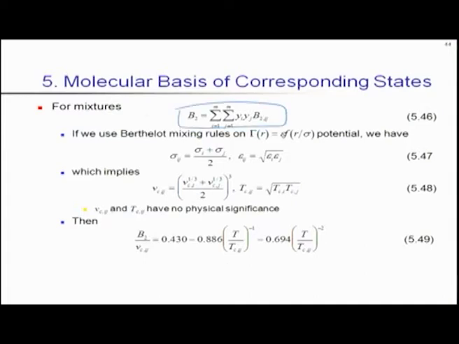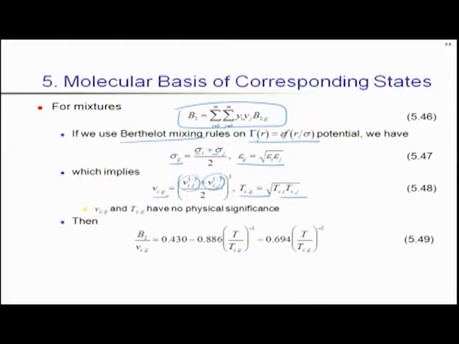Now given that the potential model is this, for which this is applicable, the average distance sigma ij is considered as the arithmetic mean of the individual sigmas. Epsilon ij is considered as a geometric mean, that is due to the Berthelot mixing rule. Now this implies that I can consider Vc ij as simply this, because sigma can be considered from here to the power 3, and Tc ij is nothing but the geometric mean of Tci and Tcj.